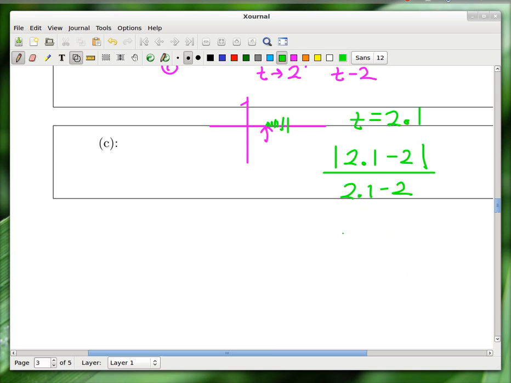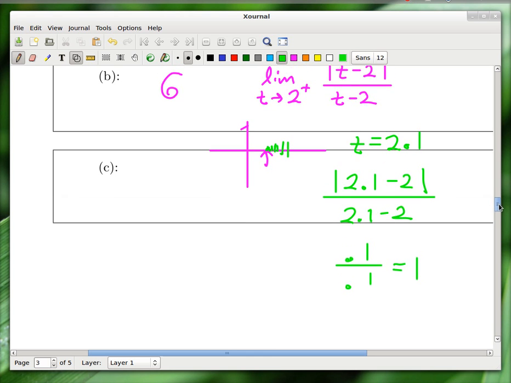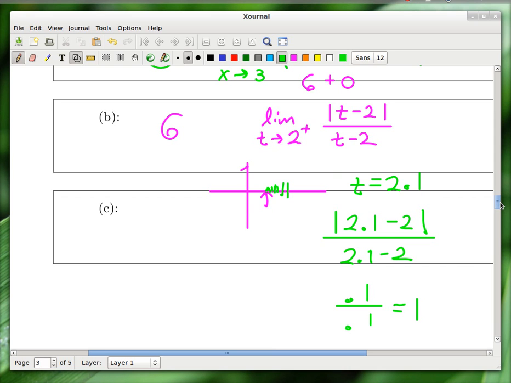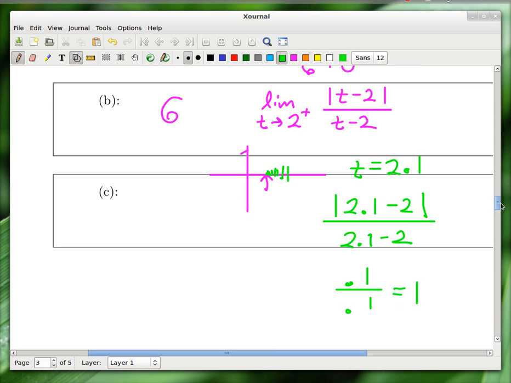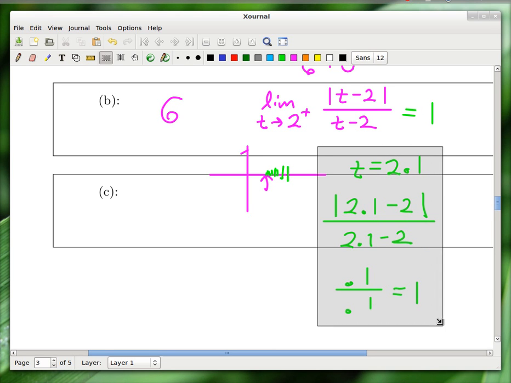So on top you get 0.1, and on the bottom you get 0.1, equals 1. And it probably is not a hard sell here to convince you that it is 1, okay? But now I feel bad because that wasn't much of an argument, and if you didn't believe it, then all I could tell you is that you have good instincts, because that was not a very good mathematical argument.